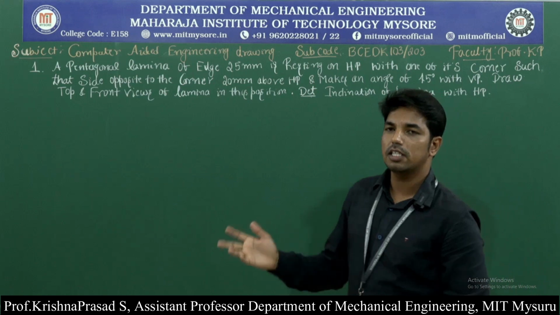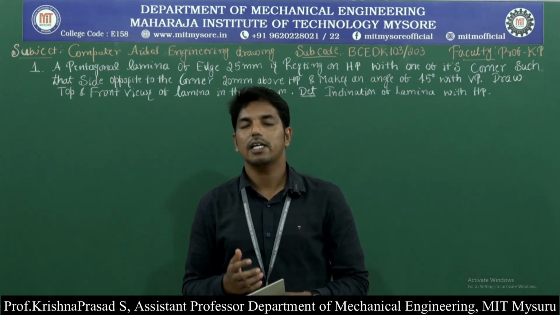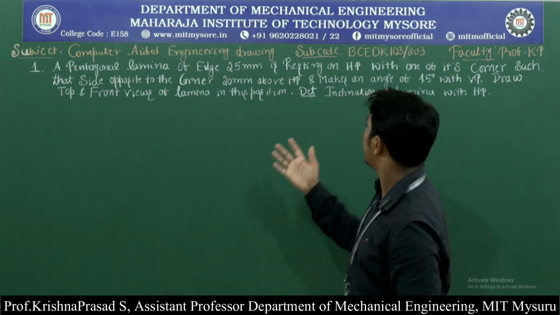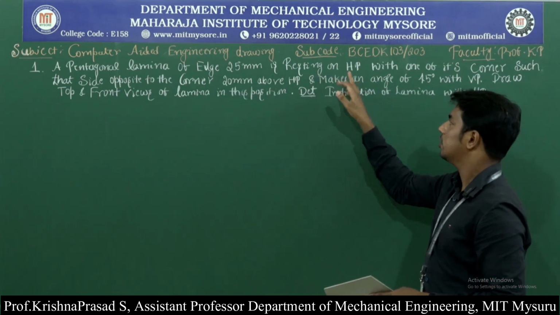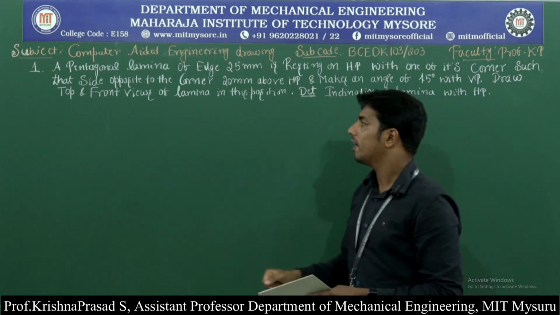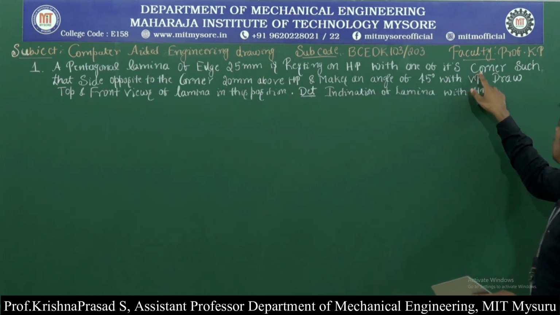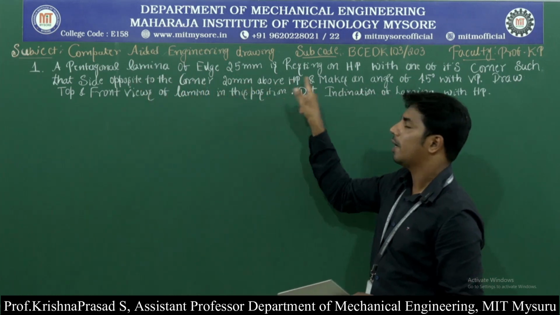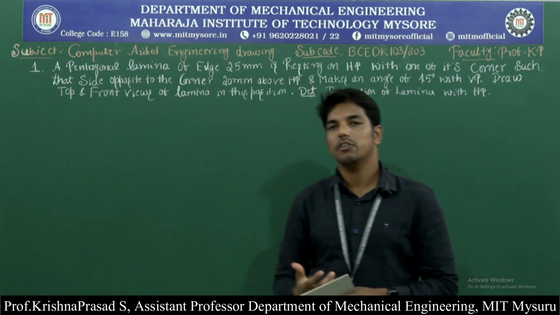Here they have given the resting condition, that the pentagonal lamina rests on the basis of the corner condition, and it is also on HP. Then, the side opposite to the corner is 20 mm above HP. This is the second condition.